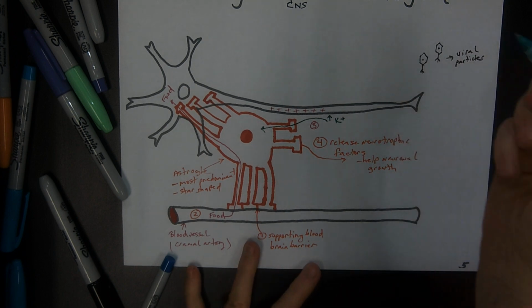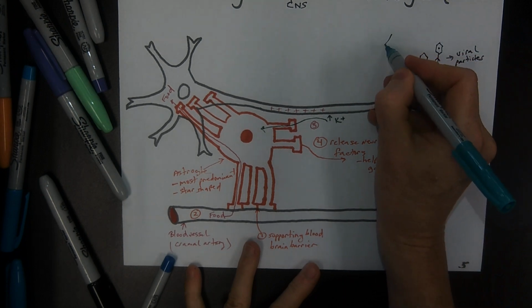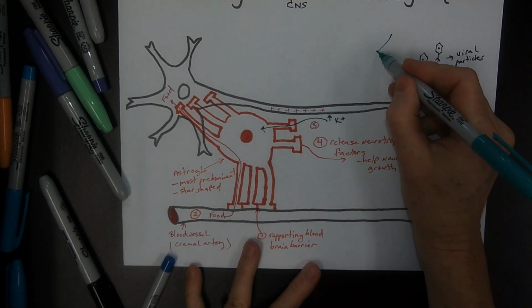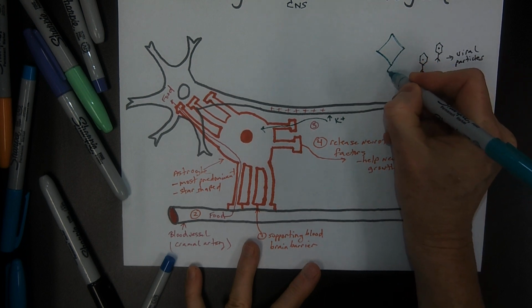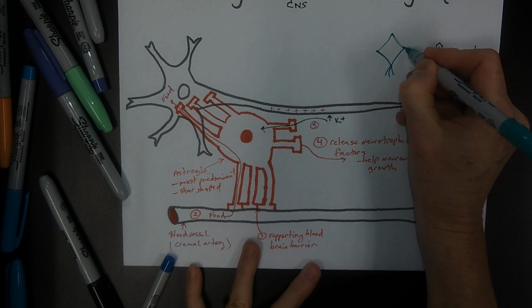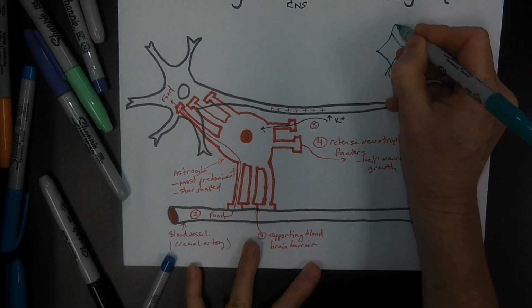Okay? Microglia themselves are small in comparison to the astrocyte. They're very small. And they're going to kind of look like this, and they've got some little fringe on the outside.